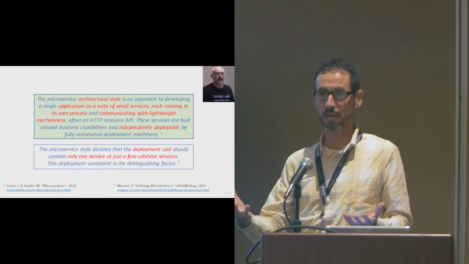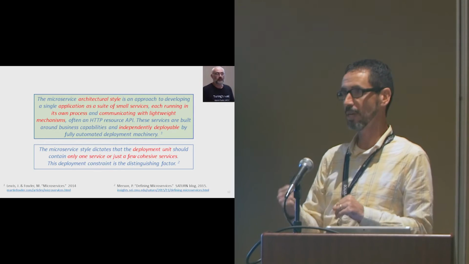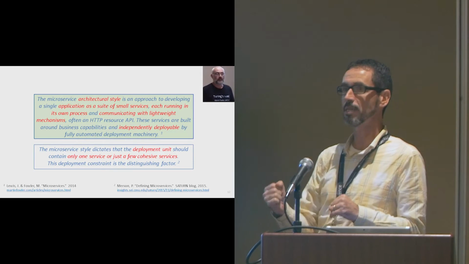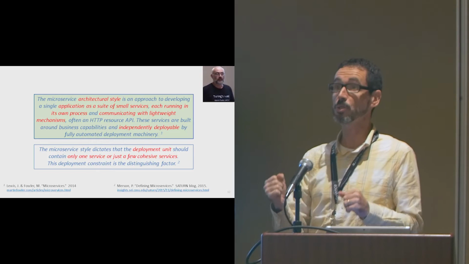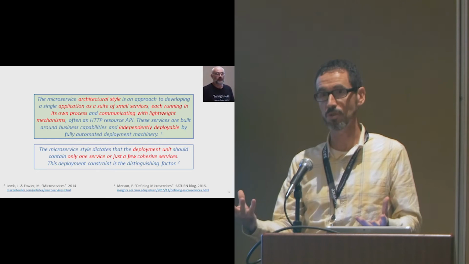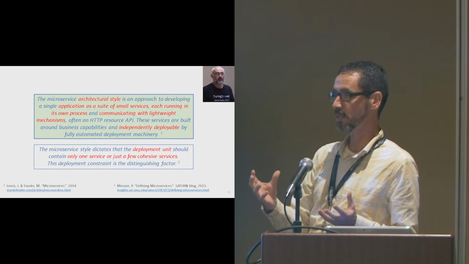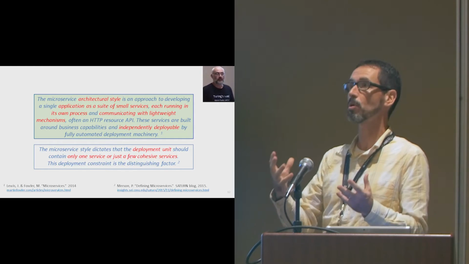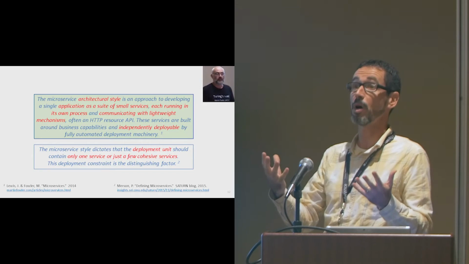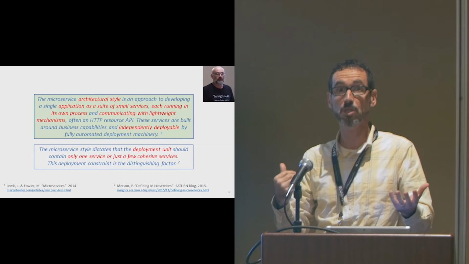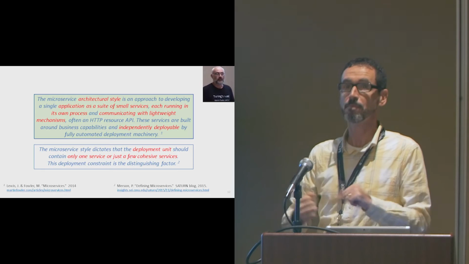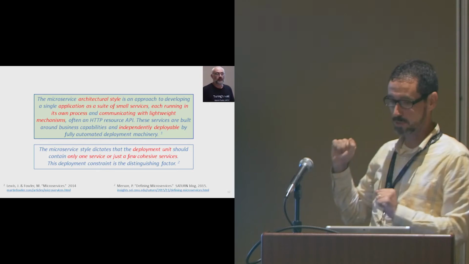And we know architectural styles have constraints. For microservices, we can say that a microservice should contain a single service or a small set of cohesive services. That is an important constraint because a lot of people ask the question, is this a service, is this a microservice? It's not clear, right? But, okay, this is all concept yet.